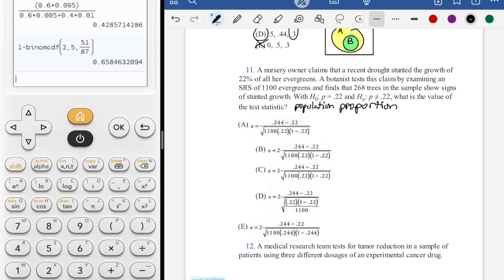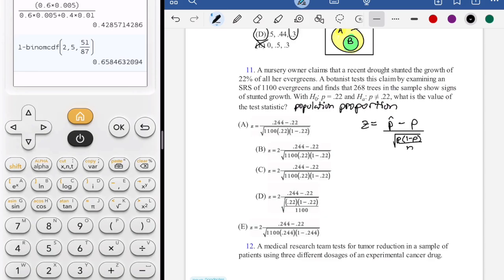So from our available formulas, it's a single population. Well, all the choices kind of lend themselves to that anyway. All right, so the formula that we want is going to be P hat minus P over the square root of PQ over N, P times 1 minus P, I should say.